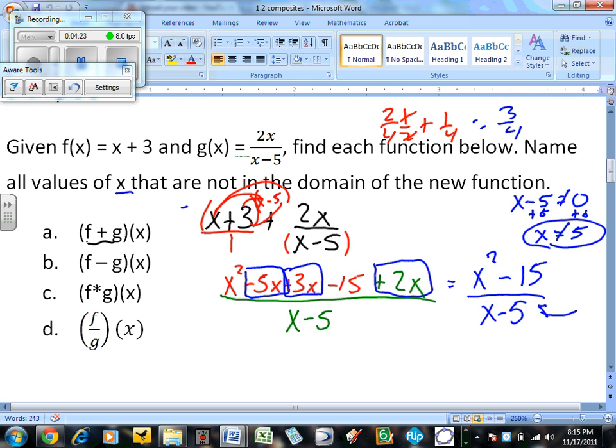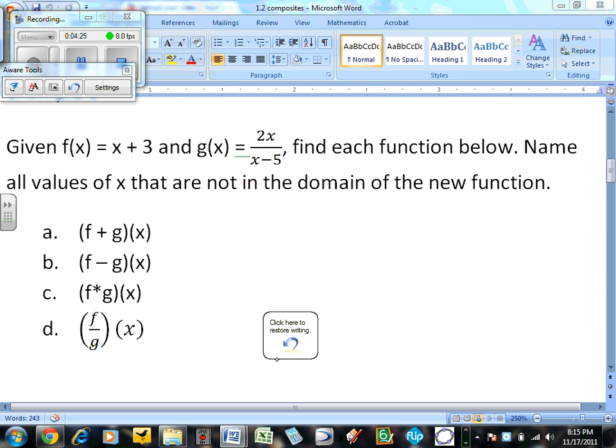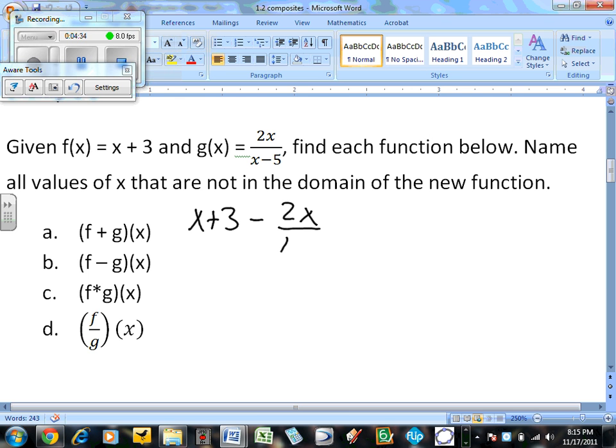So that's part A. For B, we're going to subtract the two functions. It's going to be very similar. We're going to say x plus 3 minus 2x divided by x minus 5. I said x minus 2 earlier, I apologize, it's x minus 5, as it said up here. This is the f function, this is the g function, f minus g. Again, in order to subtract fractions, we have to have a common denominator.